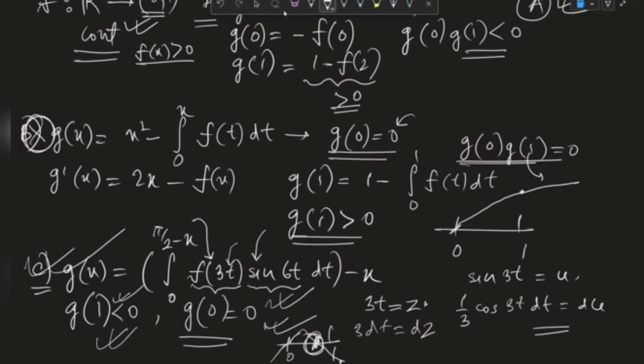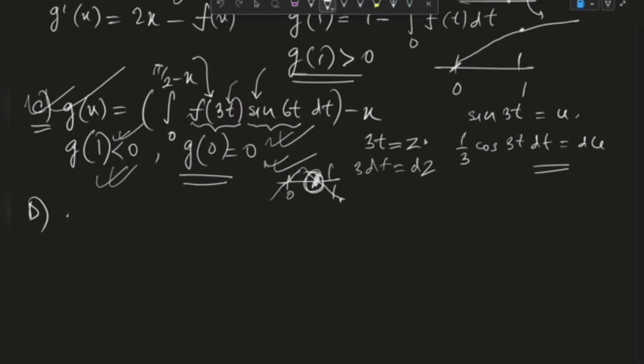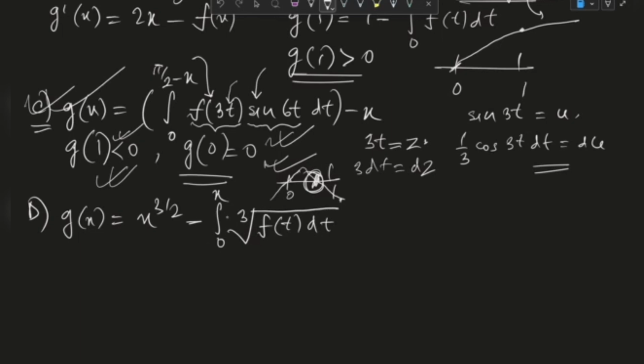So now we will analyze option D. Our option D is g of x equal to root under x cube, I am writing this as x power 3 by 2, minus integral 0 to x, and this was cube root f of t dt, as far as I remember. Yeah.